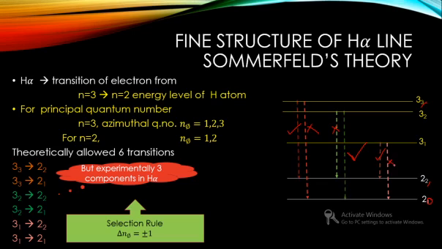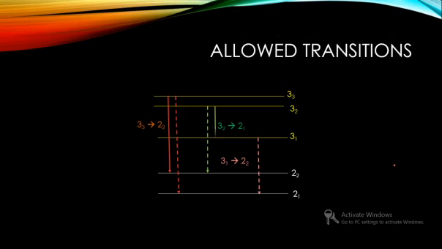So which are the allowed transitions? 3,3 to 2,2, therefore delta n_phi equals minus 1. Then 3,2 to 2,1, where the variation in n_phi is again minus 1, and 3,1 to 2,2, where the variation in n_phi will be plus 1.